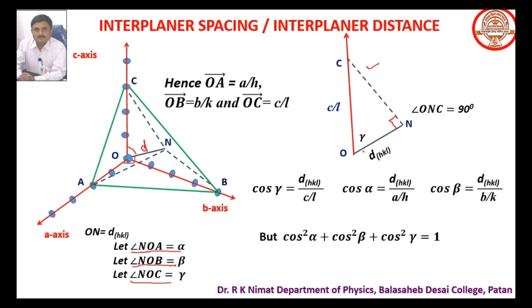So the triangle ONC will be a right angle triangle, and for this right angle triangle, this angle is gamma, so that we can calculate cos gamma is equal to d_hkl divided by C by L.